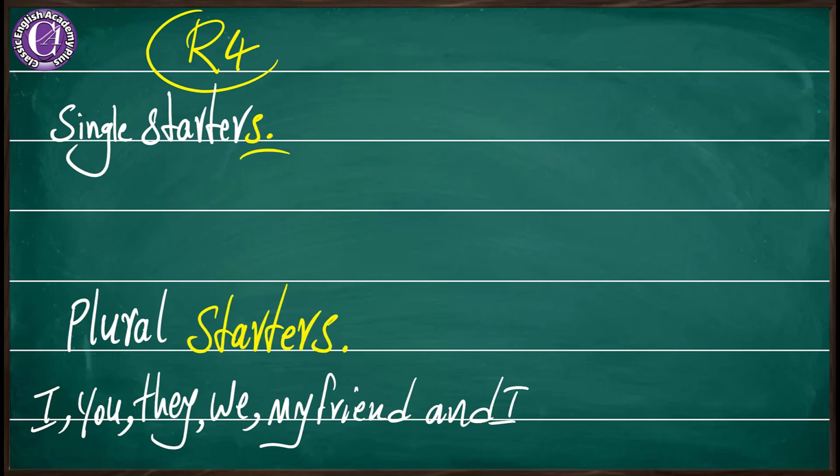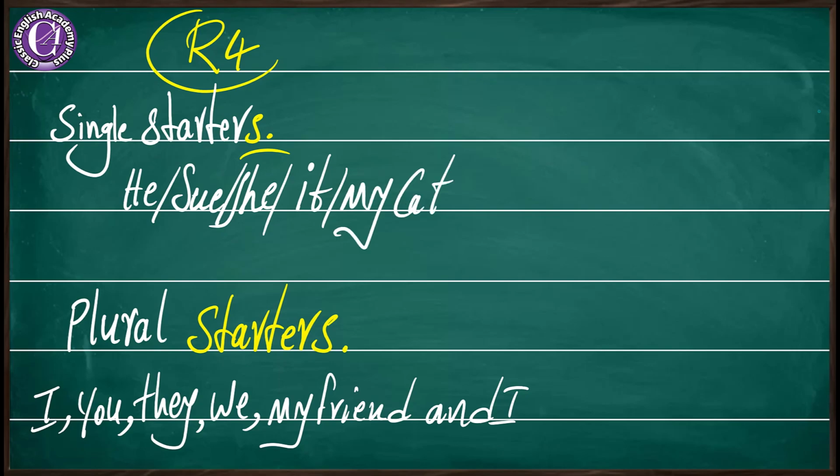Here we have again starters like he, Sue, she, it, my cat, and many things. We say all of them when we have the plural starters, when we have the singular starters.